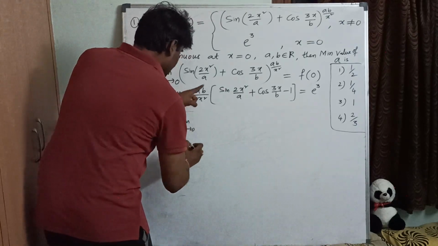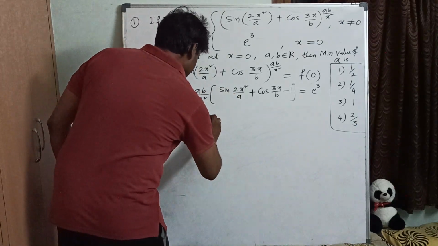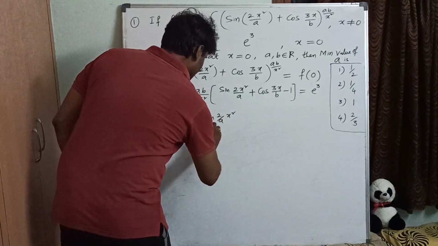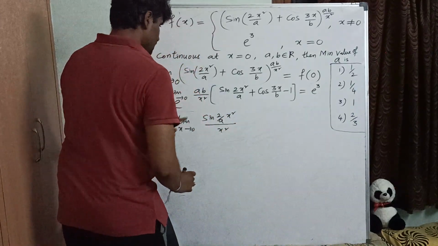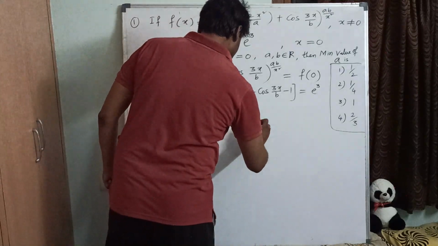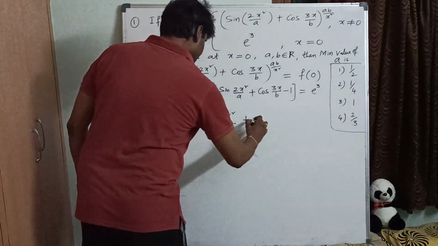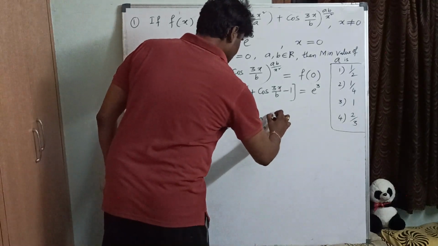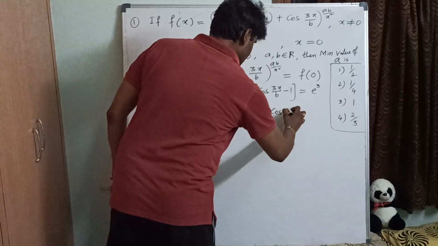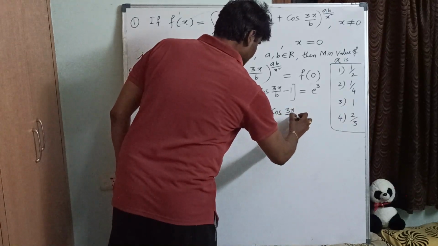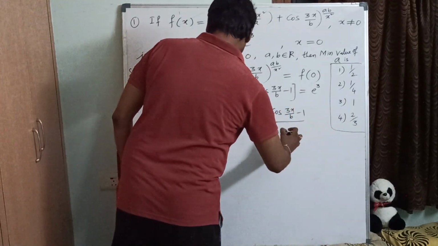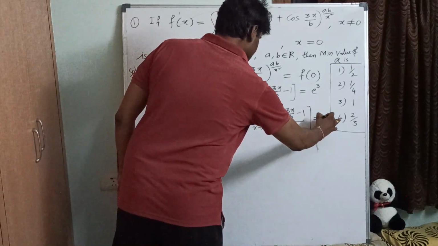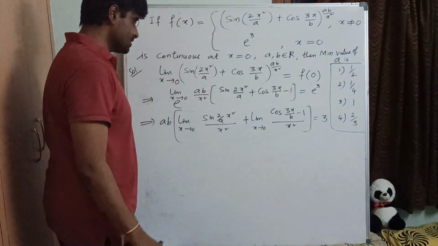This 1 by x square I am sending inside: sine 2 by a x square by x square. Now 1 by x square again will multiply to this also. Limit x tends to 0, cos of 3x by b minus 1 by x square, equals 3. Okay, powers can be equated now.